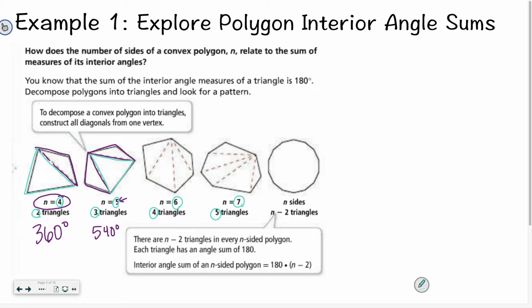So all of these numbers that I just circled are 2 units apart. So if there's n sides, I know I can cut it up into n minus 2 triangles. So that means that the sum of the interior angles of any polygon can be found by saying 180 times n minus 2.